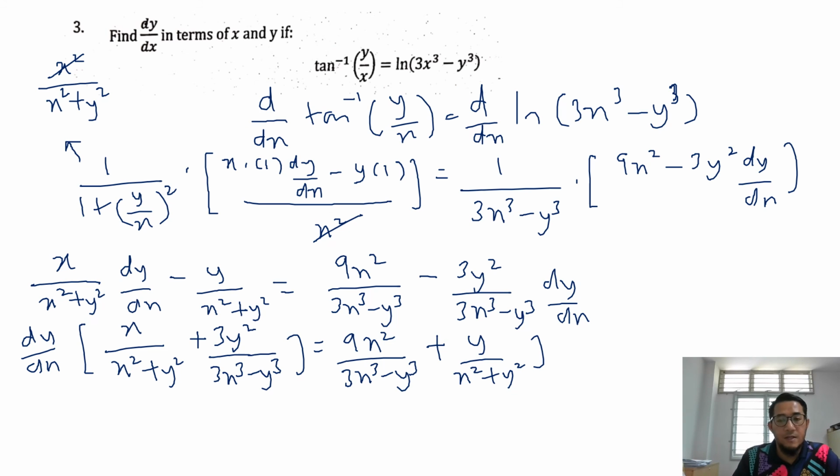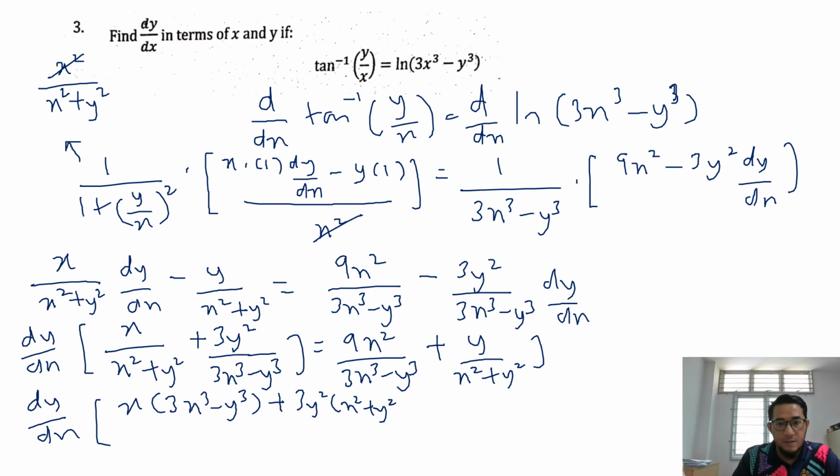Alright, and then you can cross multiply. dy/dx equals to x times 3x cubed minus y cubed plus 3y squared times x squared plus y squared, over x squared plus y squared times 3x cubed minus y cubed.